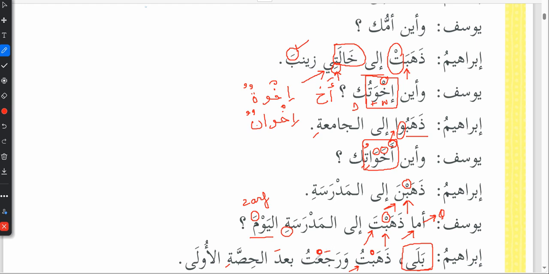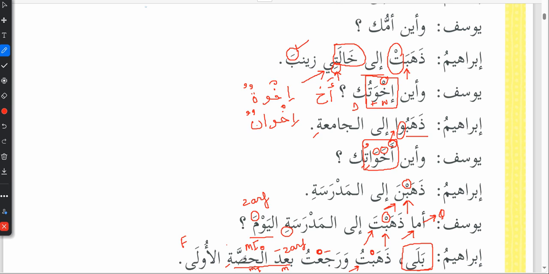Ba'd, after. Ba'da is zarf. And when there is a zarf, the next noun is in the position of mudaf ilayhi, making this an idafa. So this works as mudaf and this works as mudaf ilayhi. Ba'dal hissati. Hissa means period. Al-ula. Now, ula is a feminine word used for hissa, because this is feminine, that's why ula has been used.